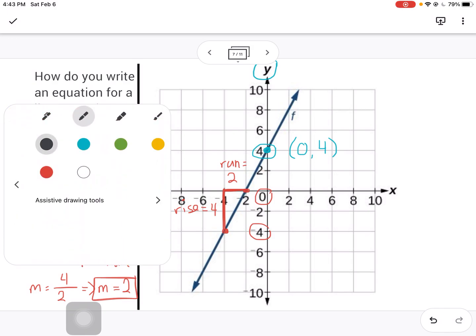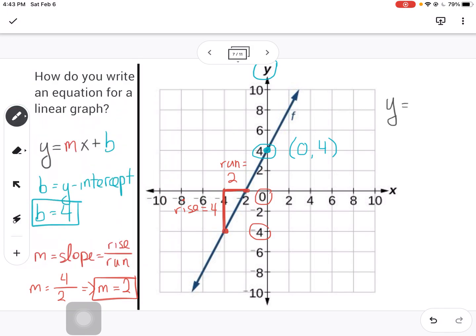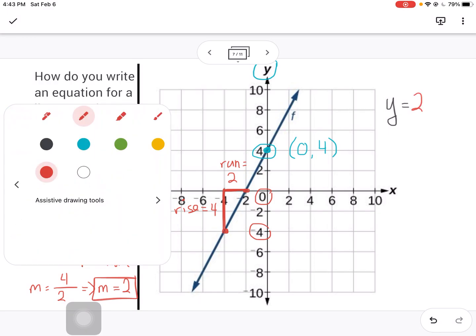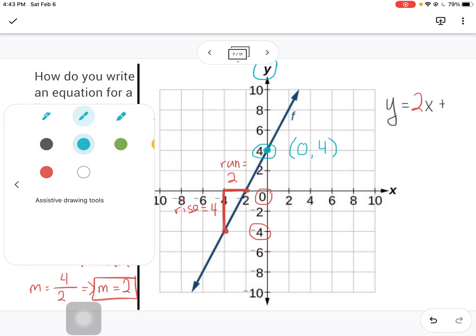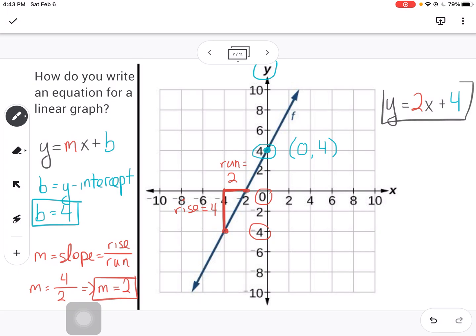So our equation would be y equals 2x plus 4. Pause the video here and either take a screenshot or draw a sketch of this problem in your notebook.